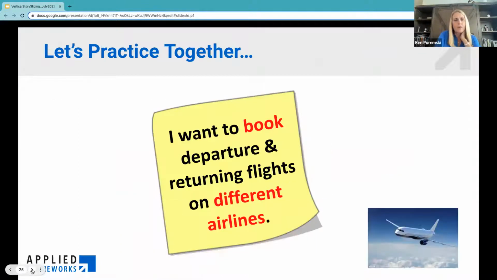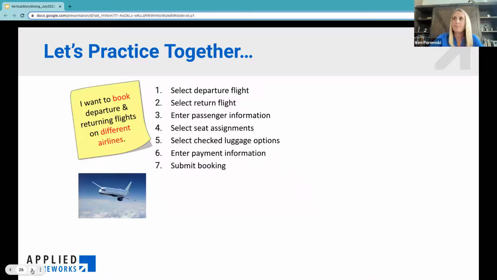If I took one of those examples, I want to book departure and returning flights on different airlines, there is a lot layered into that word book. Just think about that for a minute. If I'm booking a flight, I'm doing a bunch of things.